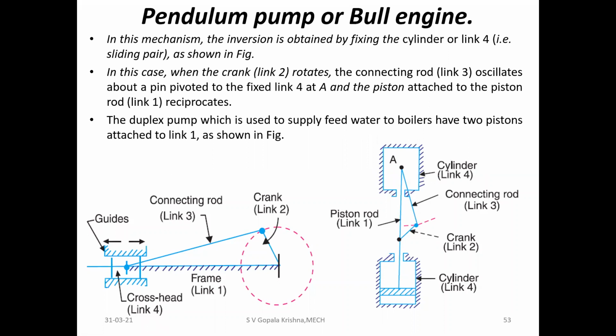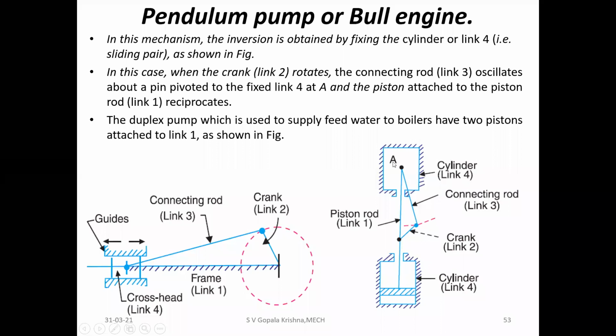When the two cylinders are arranged, feeding the water is easy because a continuous motion happens. So within less time they can carry the water to the boilers. That is the main usage of the pendulum pump or bull engine.